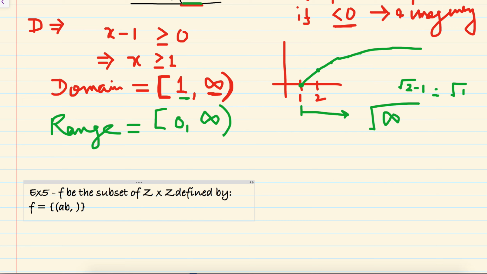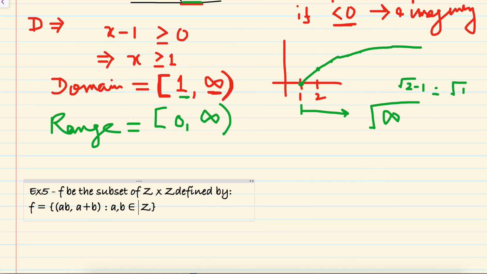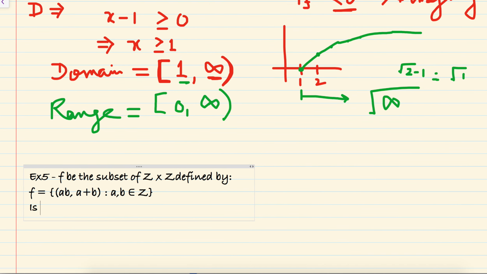AB is the first element of the ordered pair and A plus B is the second element, such that A, B belong to Z. So A, B are integers, and if we pick any two integers A and B, we will form an ordered pair with first element AB, and the second element would be A plus B. So we are asked, is f a function? So this is the question.